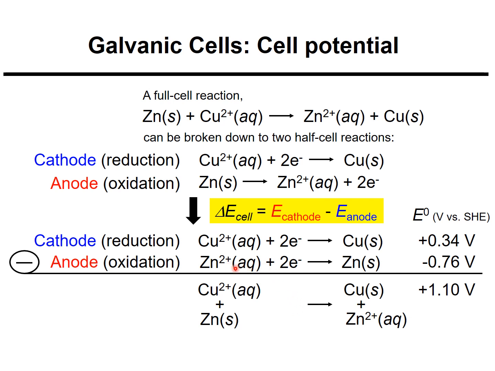The second chemical reaction equation for oxidation should be reversed after the minus operation. So zinc 2+ on the left-hand side of the equation goes to the right-hand side, and zinc metal goes to the left-hand side. So this is the full cell equation: copper 2+ here and zinc here go to copper solid here and zinc 2+ aqueous here.